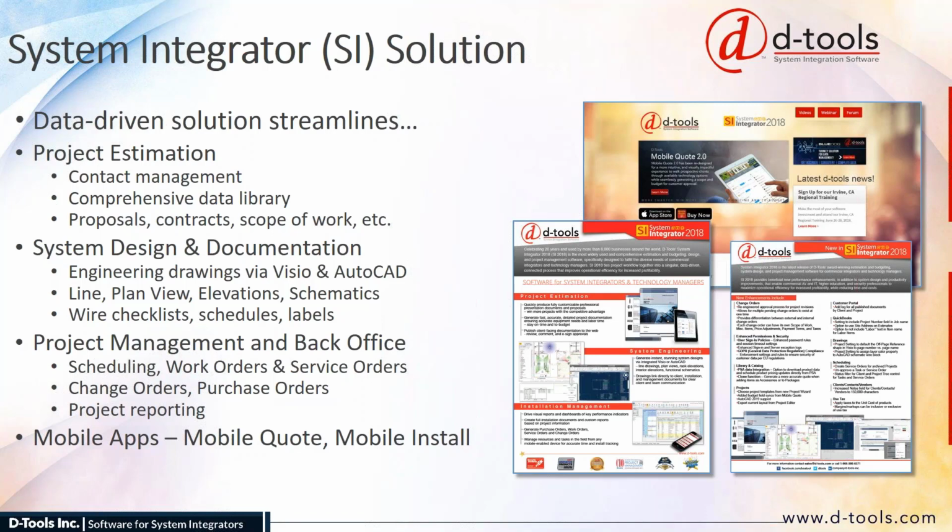So being able to utilize that same information that's in the proposal and the drawings to schedule out install tasks, generate work orders and service orders, connect that information to your back-end systems, to your accounting, to your project managers, being able to generate purchase orders, and really tie that together into a singular process.